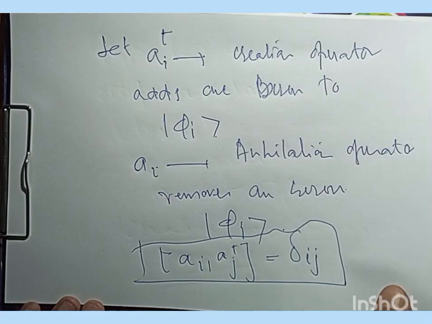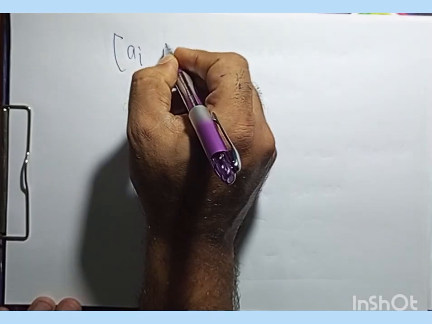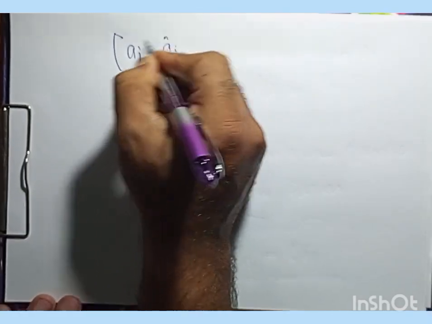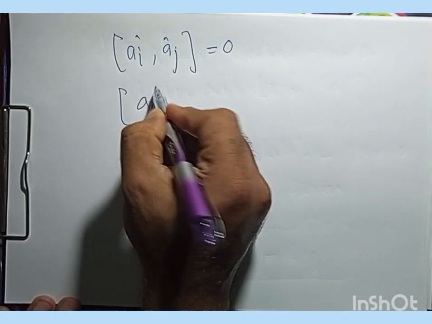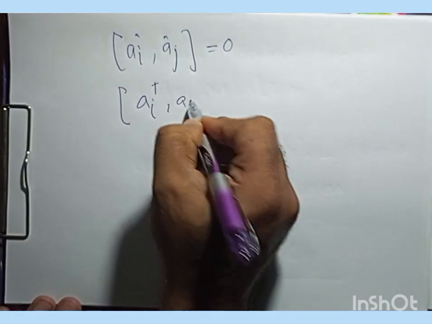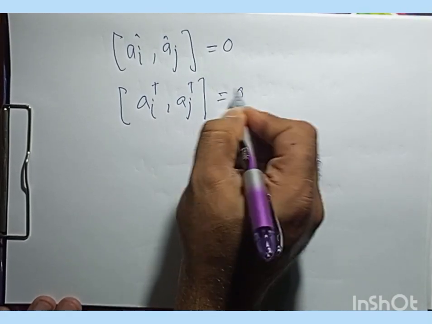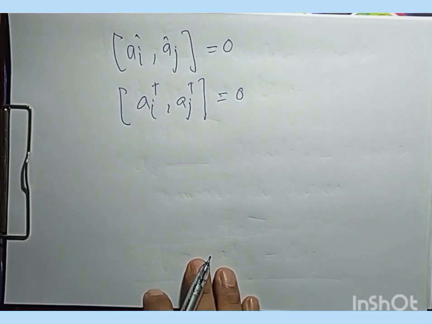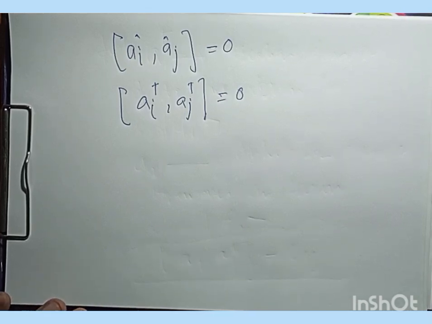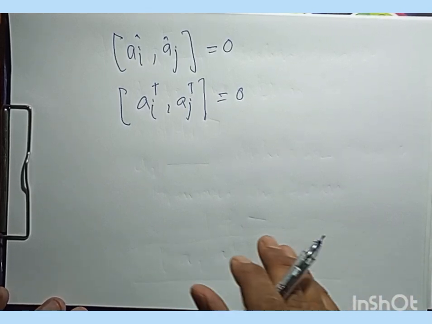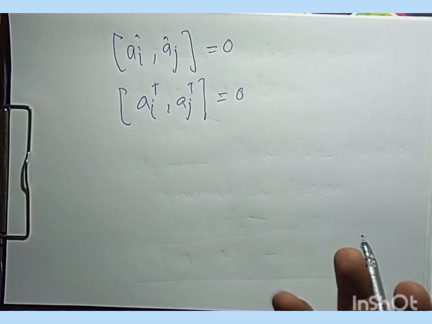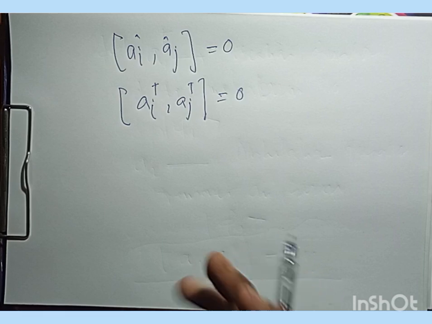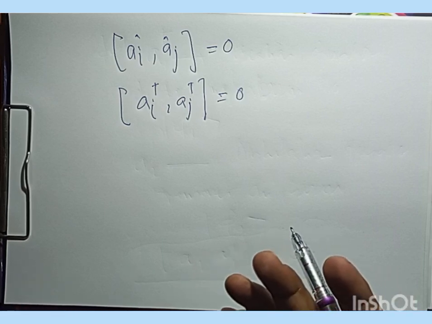The commutator between a_i and a_j gives us 0, and the commutator between a_i dagger and a_j dagger also gives us 0. So these are the commutation relations between these operators. All right, now this certainly reflects the fact that bosons are indistinguishable. You cannot distinguish them, and they can occupy the same quantum state.